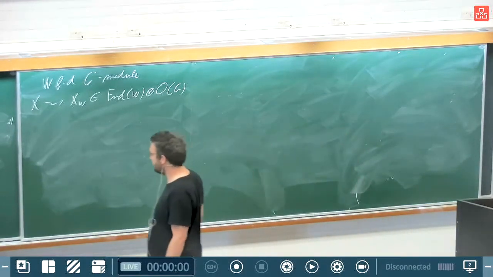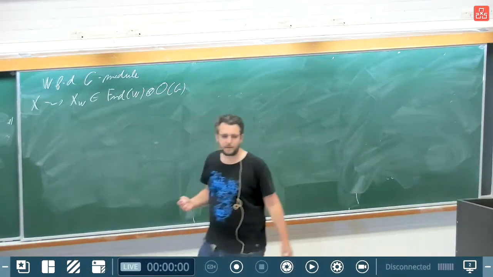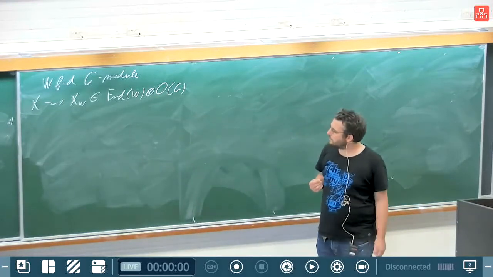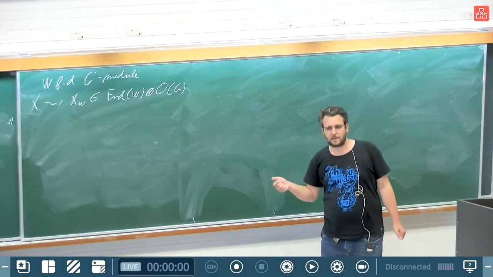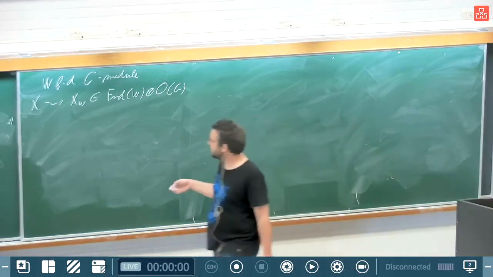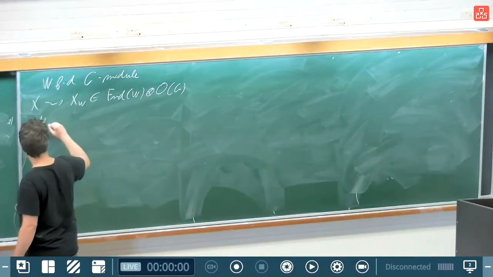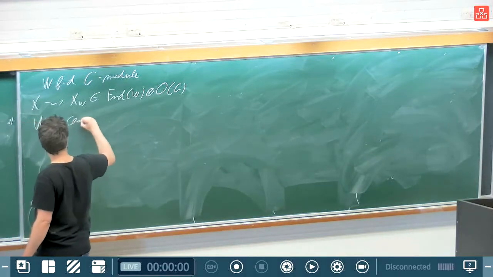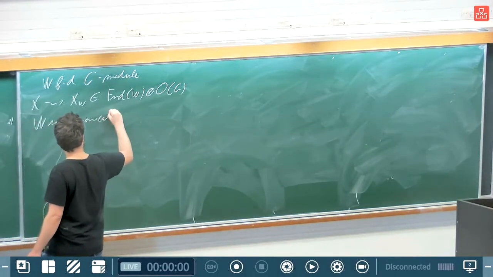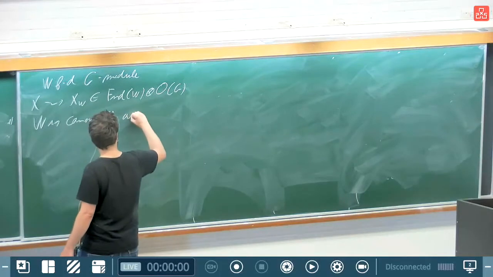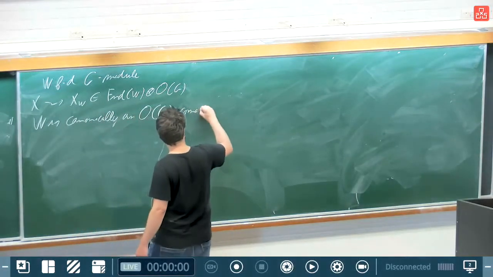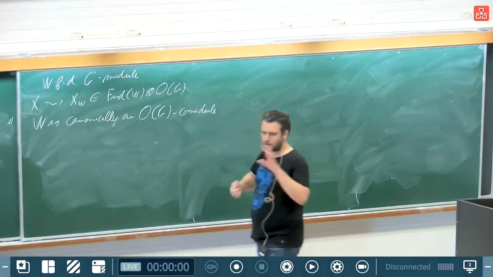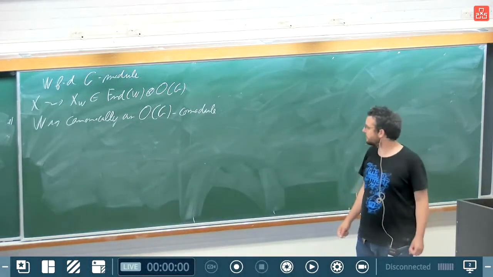One way to construct this operator directly is to observe that because of this duality, every finite dimensional G-module becomes a comodule over O(G), just by dualizing the action.